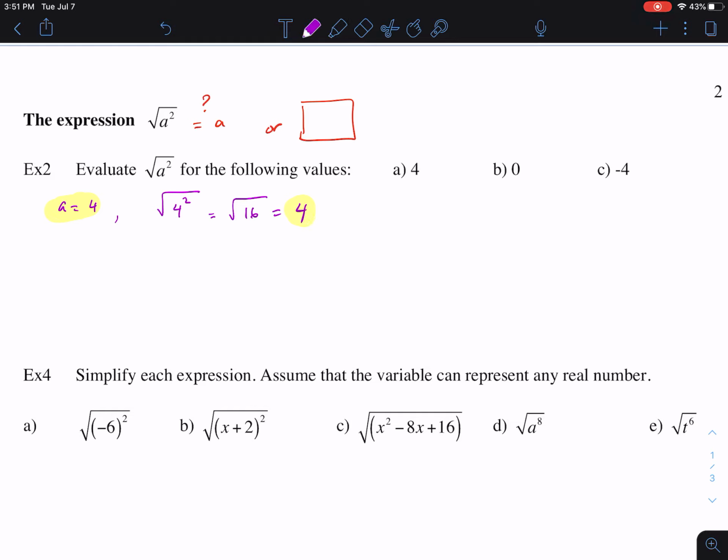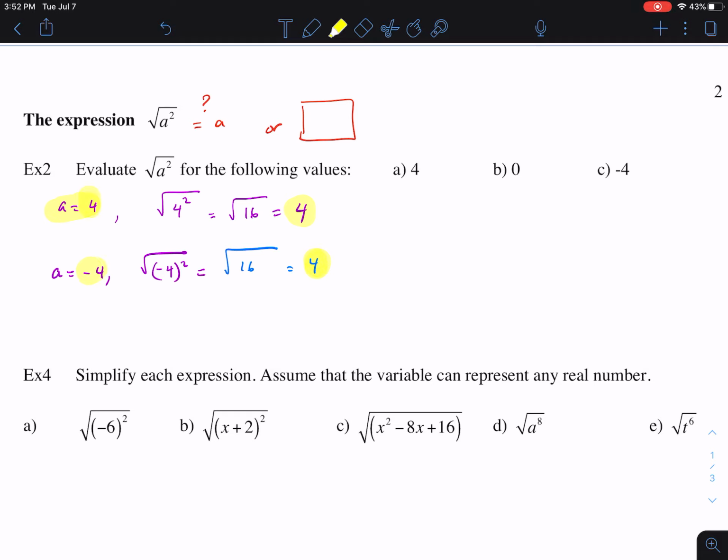Let's try something else. If a is negative 4, the square root of a squared now becomes the square root of negative 4 squared. And we have to simplify the square inside first, so that still gives us positive 16. And then that's going to give us 4. So notice that if a is negative, we still get a positive answer, right?